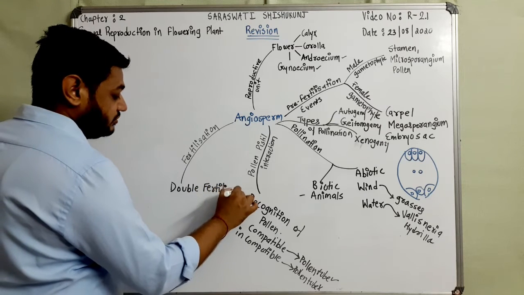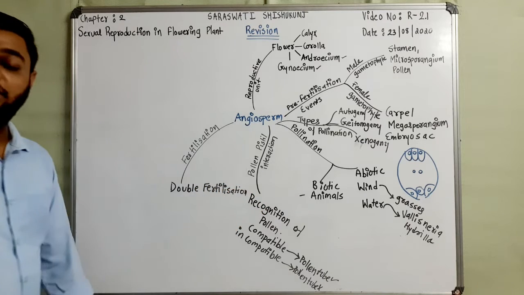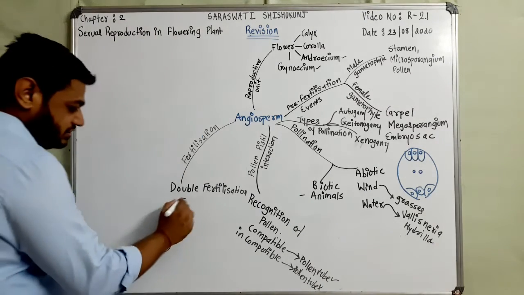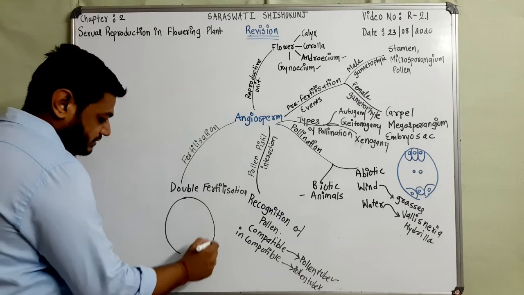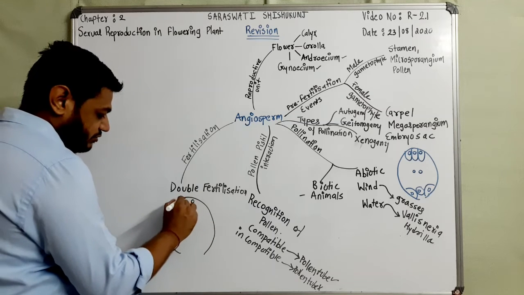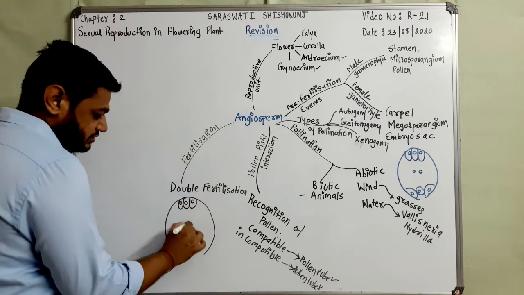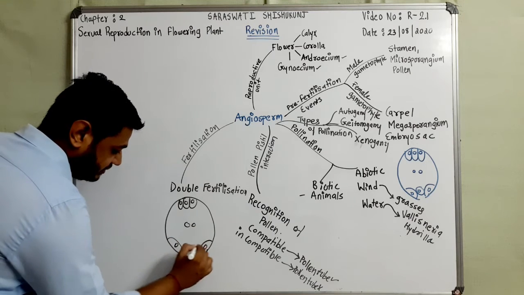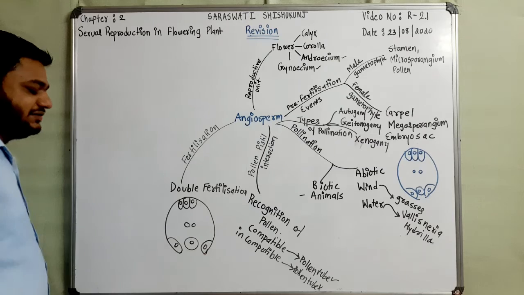So what happens in double fertilization? This is the embryo sac. These are three antipodals. These two are polar nuclei. These two are synergids. And this one is the egg cell.